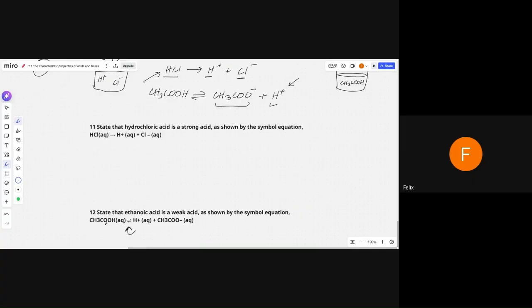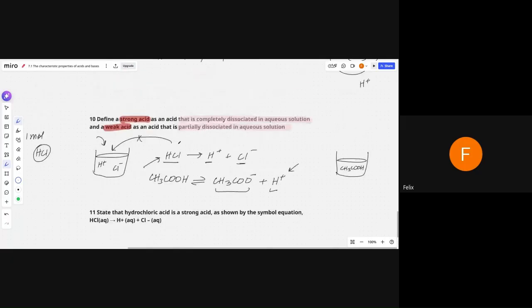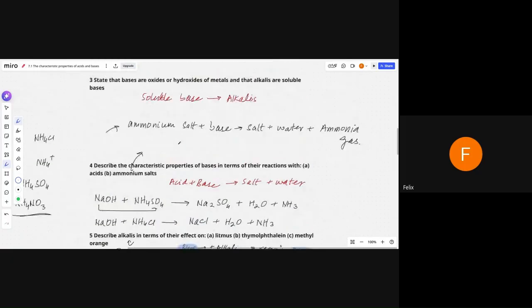And at equilibrium, the concentration of the undissociated acid will be higher than the products' concentration. So I hope this is clear. This was the first topic of this chapter, acids, bases, and salts.